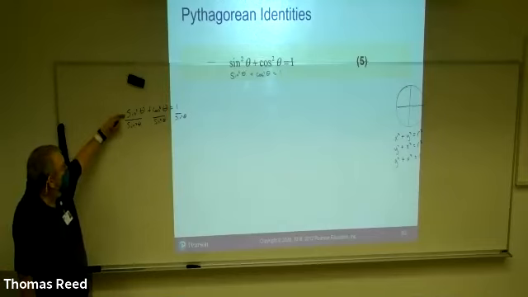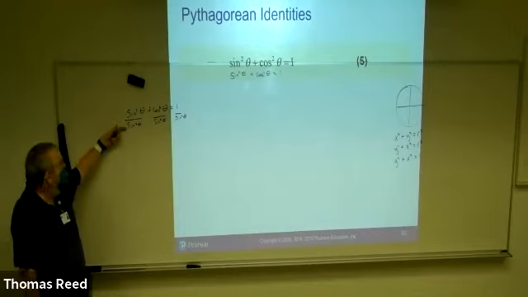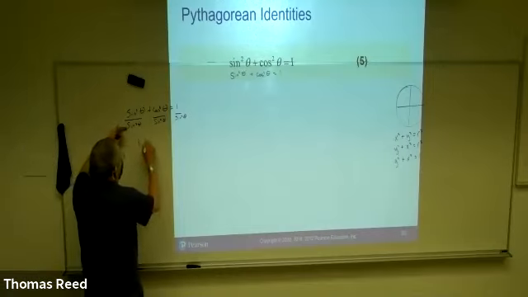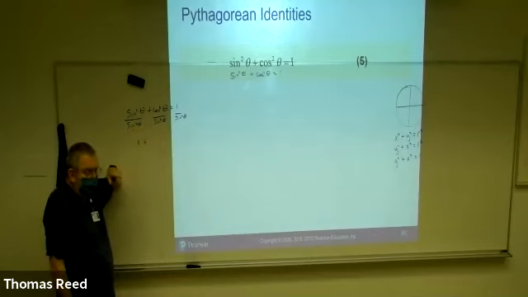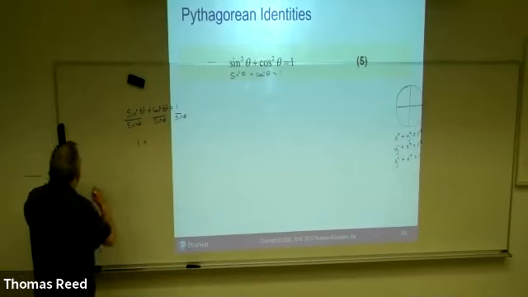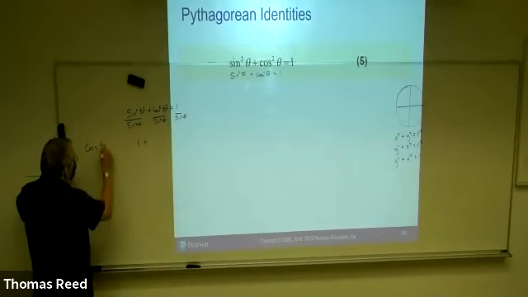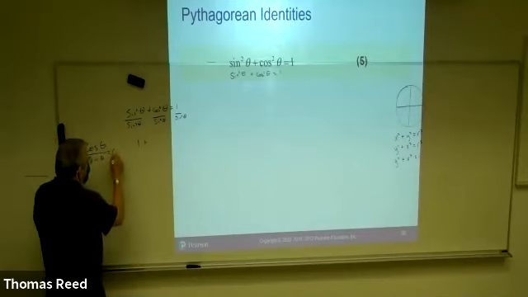What is sine over sine? 1. So this is just 1. What's cosine over sine? I think I heard it, I think it's cosecant. Cosine theta over sine theta. That's cotangent. I think someone said it on Zoom.